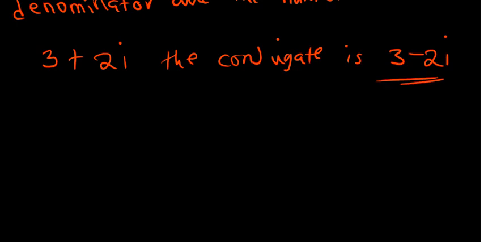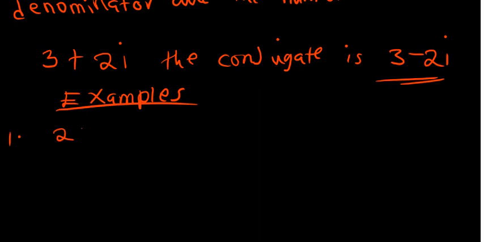So let's give examples now on how to divide complex numbers. Example 1, 2 plus 3i divided by 3 minus 2i. To divide this complex number, you have to multiply both the numerator and the denominator by the conjugate of this denominator.